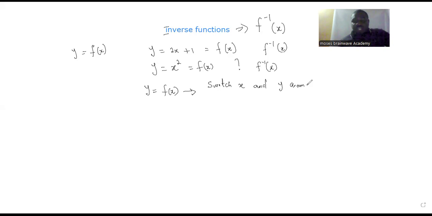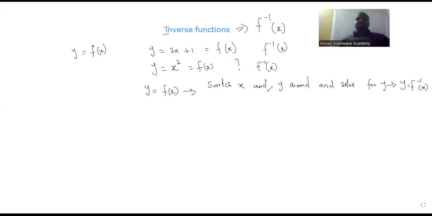Then I will solve for y, and what I get is the inverse of the function.